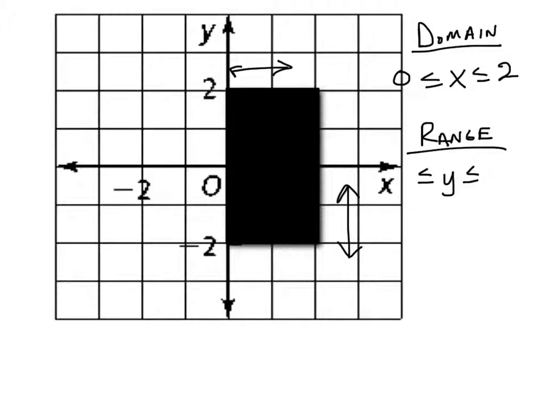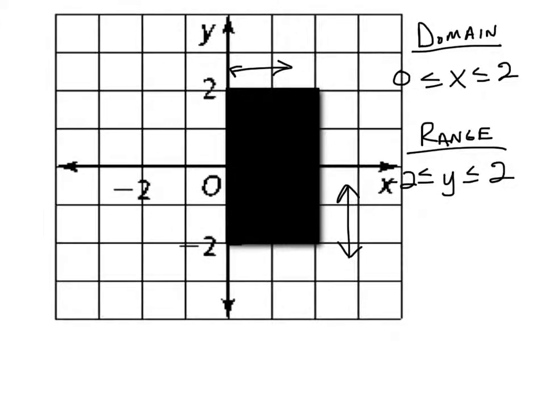The domain is how much left and how much right we go. So in this case, we go from -2 for a y, and then the highest that it goes up here is at +2. So in this case, the range goes from -2 to +2 on the graph.